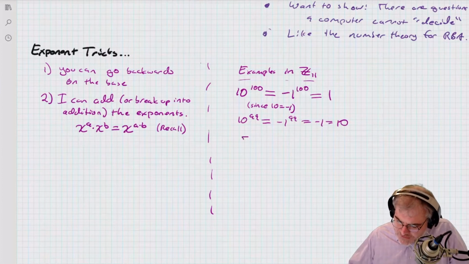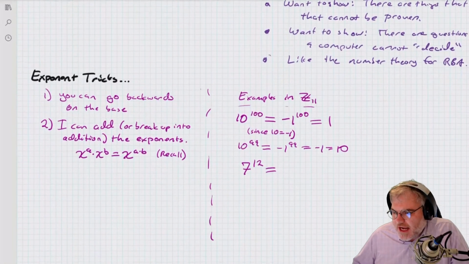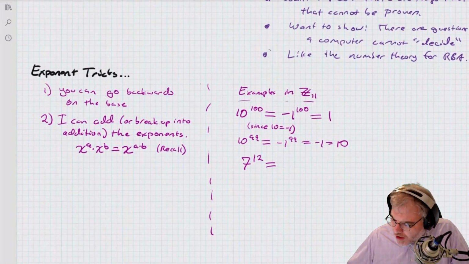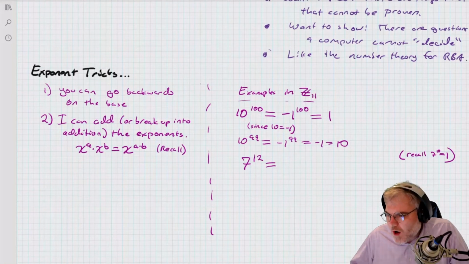So if I have 7 to the 12th in mod 11, now, I already knew that, that's off that chart I had. But recall on my chart, 7 to the 10 equals 1. So if I have 1, I can figure this one out.